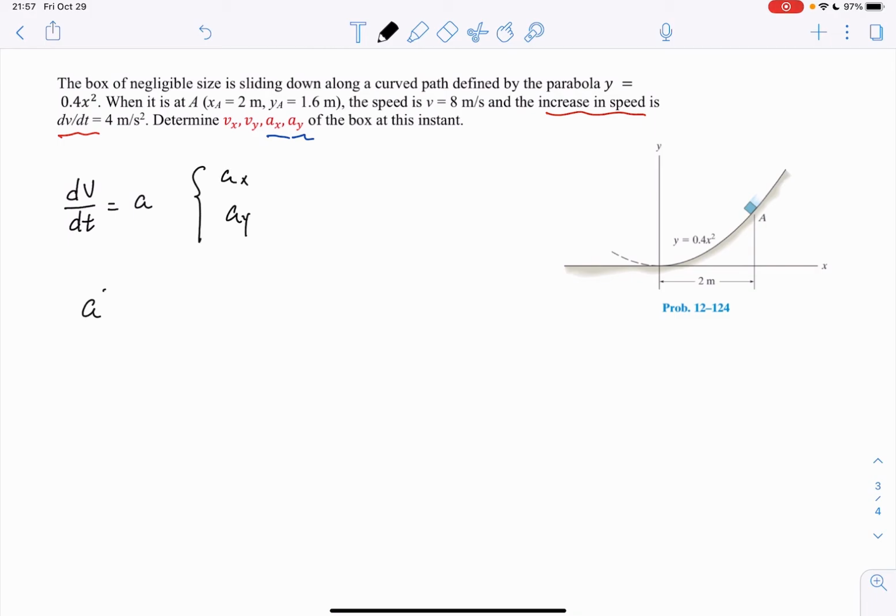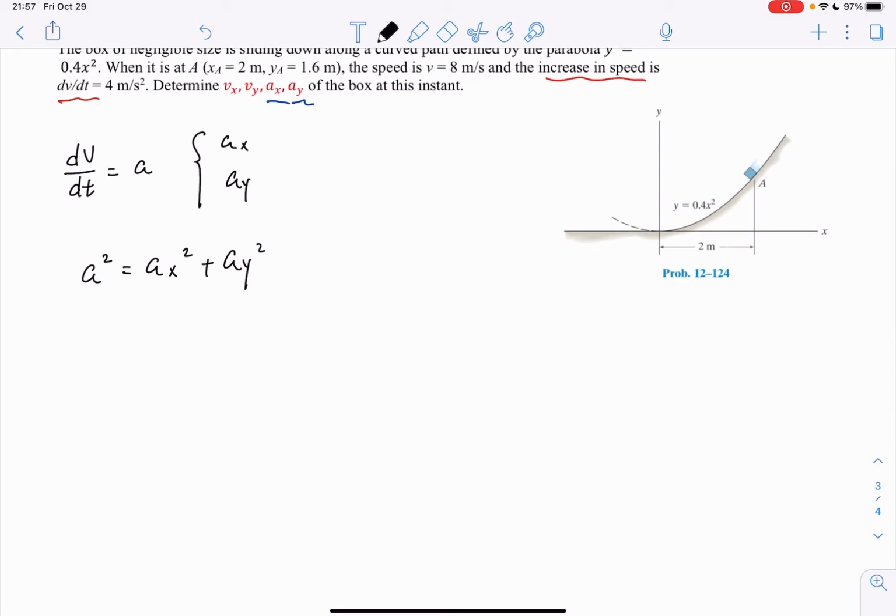We know that a squared equals ax squared plus ay squared, which means dv over dt squared equals dvx over dt squared plus dvy over dt squared.